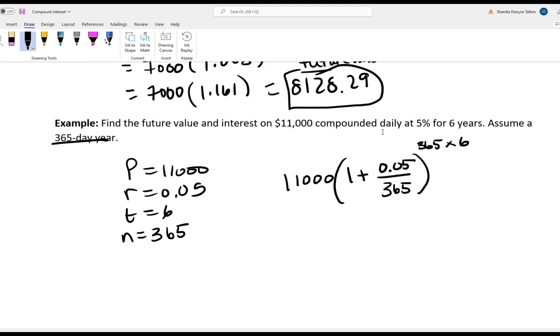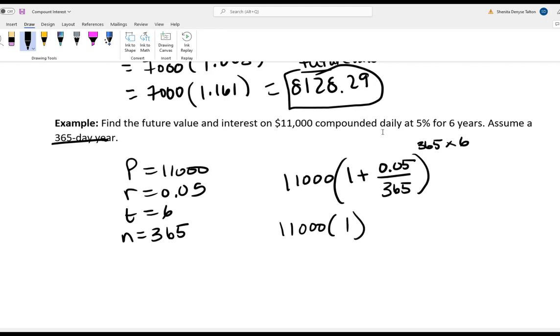Okay, so this might get a little tricky because we have the 365. First, I'm going to take 0.05 divided by 365. Whatever answer I get, I'll add it to 1. So I took 0.05, divided it by 365, and I added it with 1 and I got 1.000137.